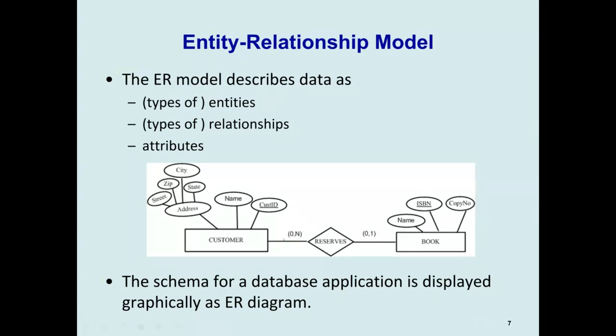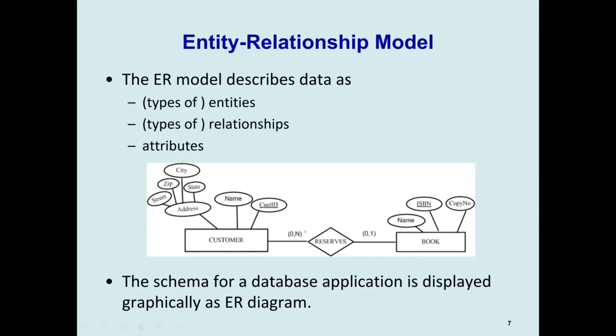And then the relationship type constraints can be represented in at least two ways. In this way, it shows the minimum and the maximum, as a pair. The minimum shows that given a customer, how many relationship instances a customer can participate in. Zero means that a customer does not reserve any book, so there's no relationship instance.